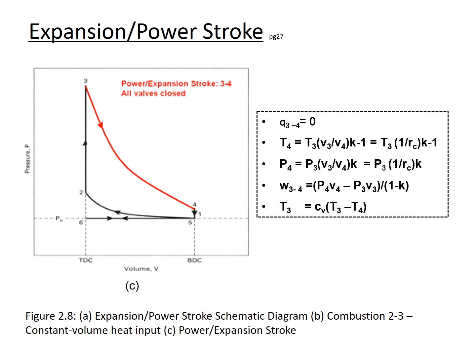Then it goes to the expansion stroke, where after the combustion from 2 to 3, the constant volume heat input, the power stroke again, the piston is going down, so the volume is becoming higher and higher.